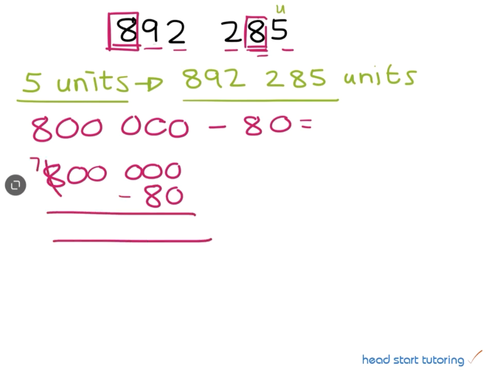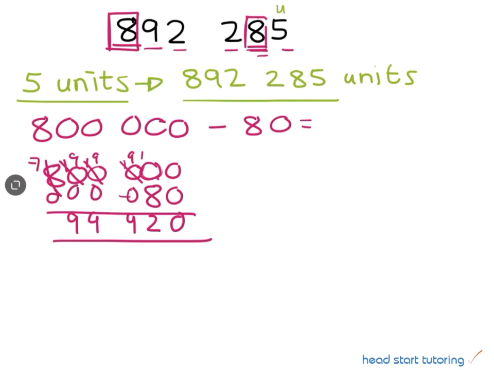We need to borrow. Oh, we don't need to cross that one out. So that one will be 10. So we've got 0 minus 0 is 0. 10 minus 8 is 2. And then we've got a few 9s because we can put in our placeholders.